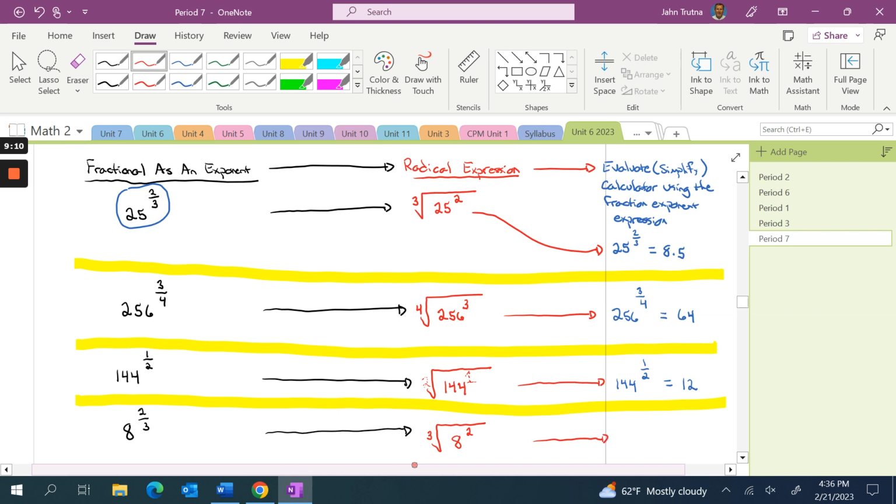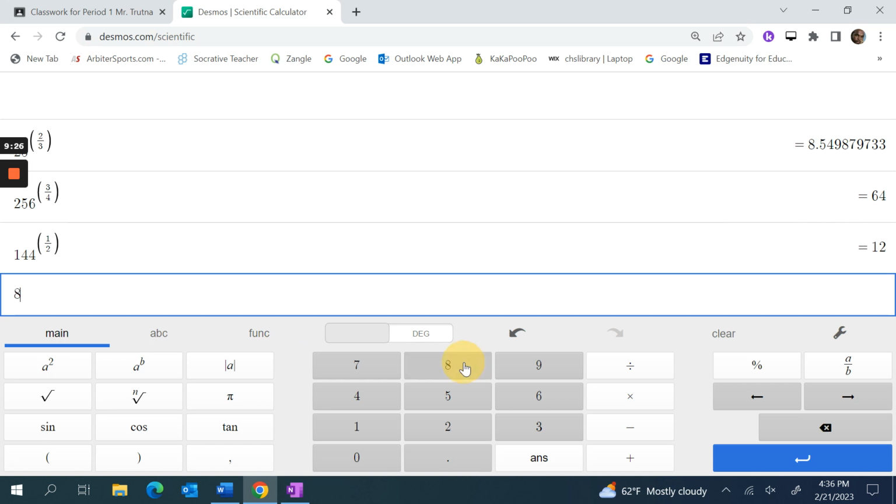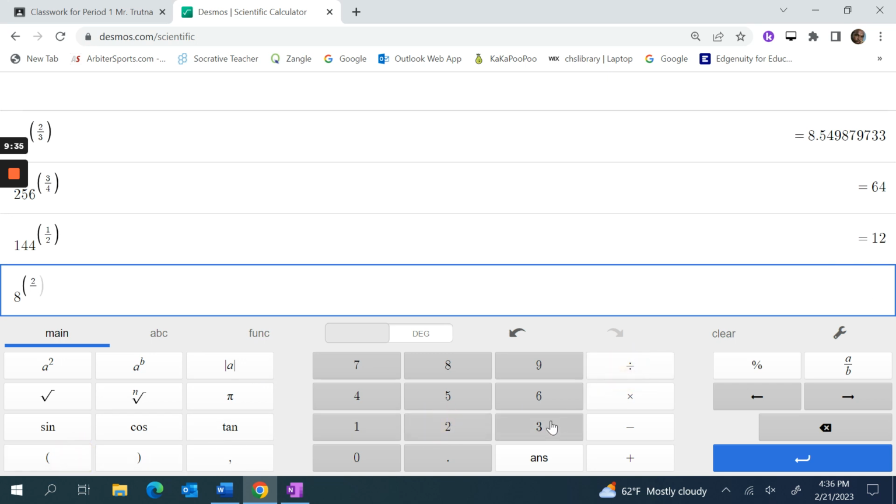Now I'm going to evaluate that. I'm going to use my fraction exponent form, 8 to the 2/3 power, and type that into my calculator. You type in the base, 8, first, then you use your exponent key, my AB key, then you go parentheses, and then you type in the fraction 2/3.